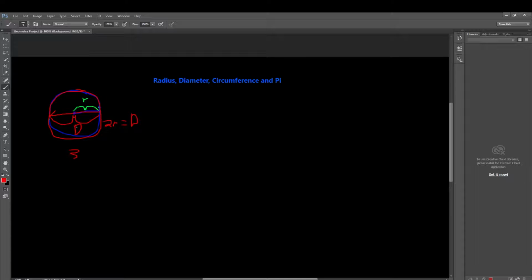Sorry about that, I was rushing through that a little bit, but the circumference is the entire outer edge of the circle. So to find the circumference, we need to know what the equation is.